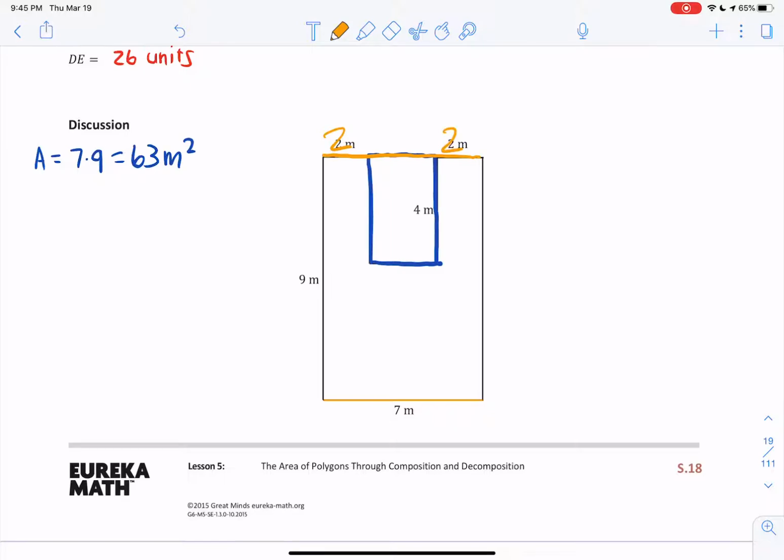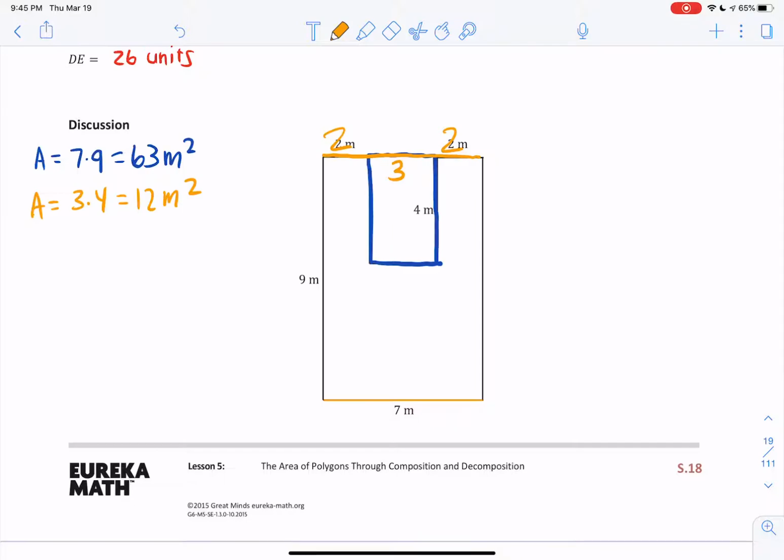What must the missing middle section be? 2 plus 2 is 4. 4 plus blank equals 7. So it obviously is going to be 3. That whole side adds up to 7. So now on the blue rectangle, the area is going to be base of 3, height of 4, which equals 12 meters squared.